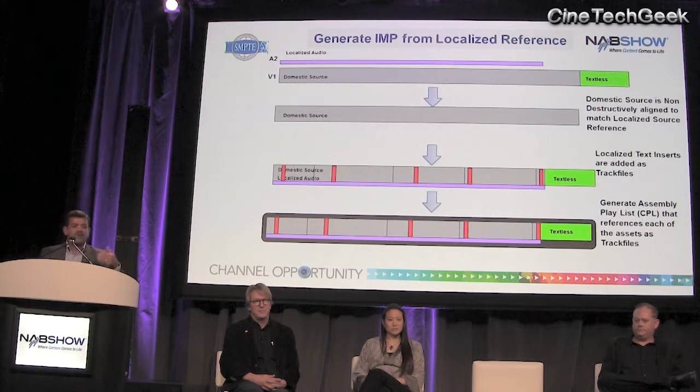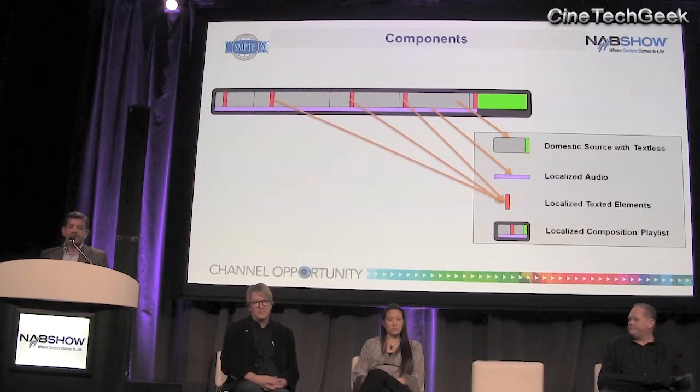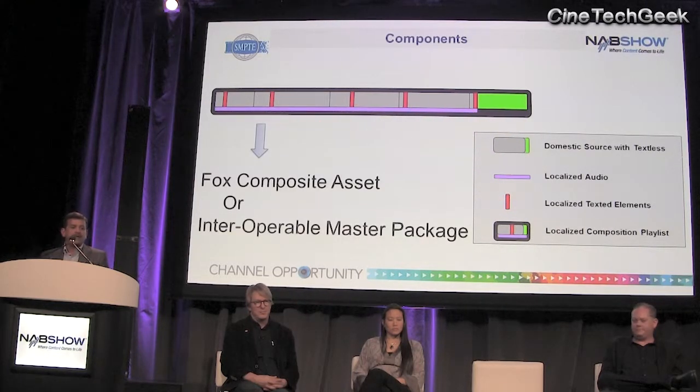At the same time, it's referencing the localized audio. So, just to tie back to the IMF piece, we now have the domestic source with textless, the localized audio for that particular version, all of the localized texted elements that we generated, and this little XML piece which ties them all together.